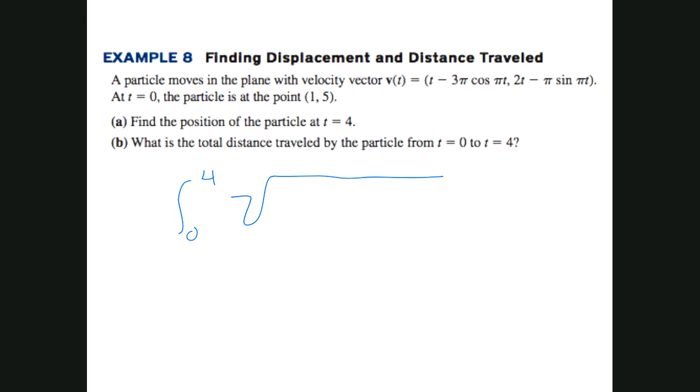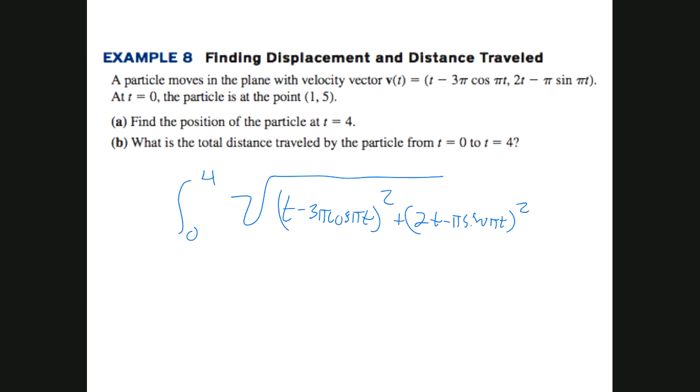So this one you're not going to be able to do by hand. There's no way that you could do this one by hand. So you're just going to have t minus 3 pi cosine pi t quantity squared plus 2t minus pi sine of pi t quantity squared.